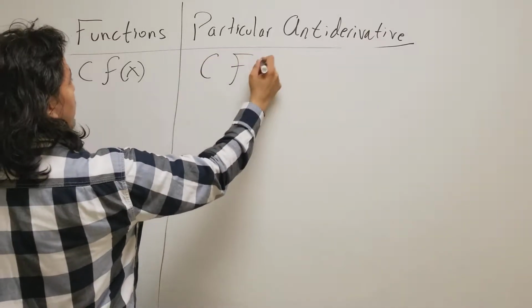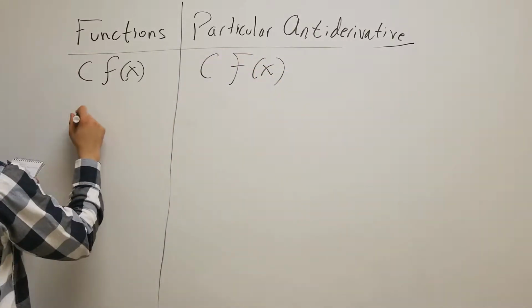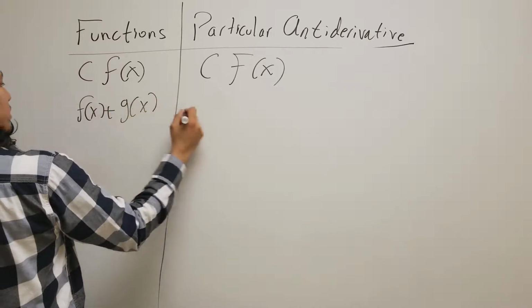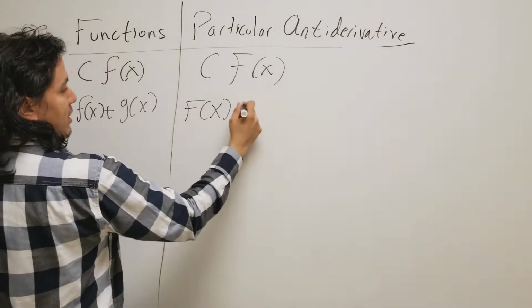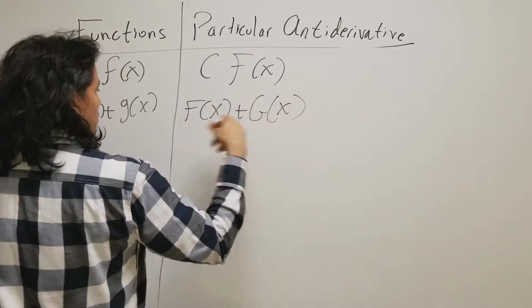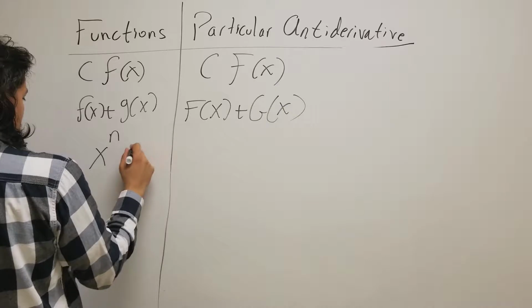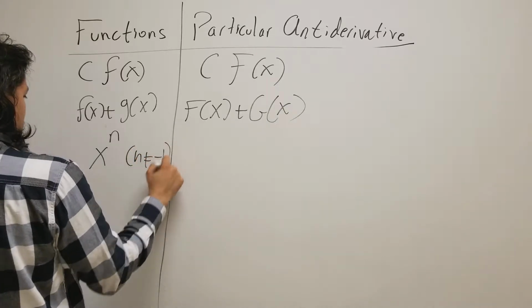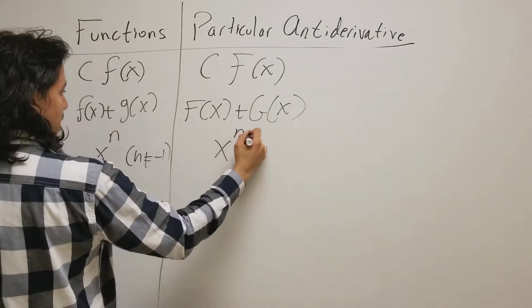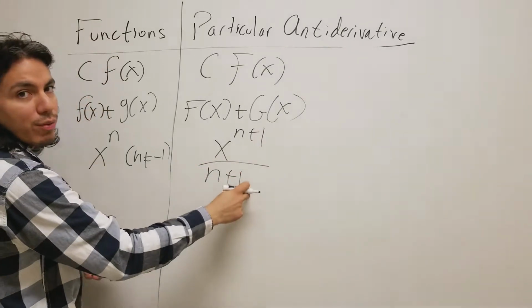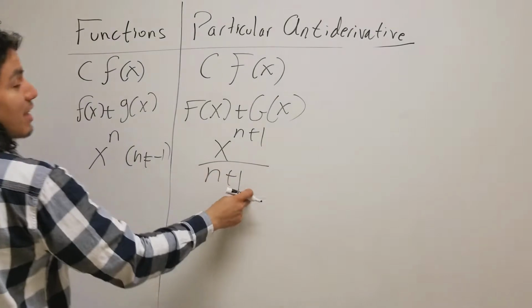That's why we utilize these references. They're the fundamentals of the antiderivative that you need to know how to do. Where n does not equal -1, we have x to the n plus 1 over n plus 1. This was the power antiderivative that we did in the last video.